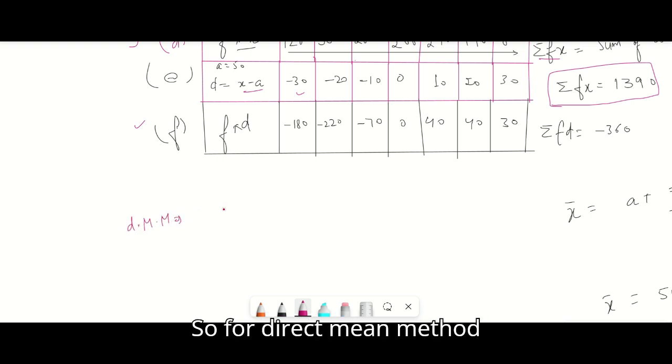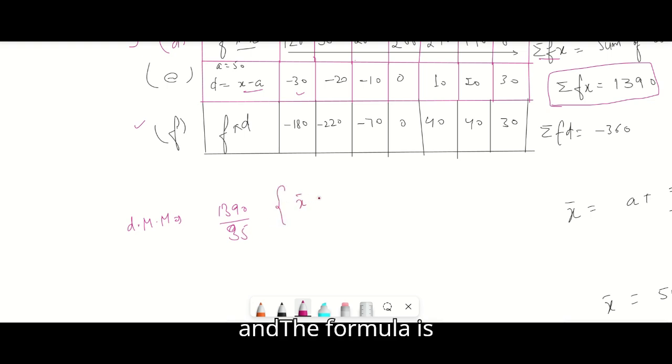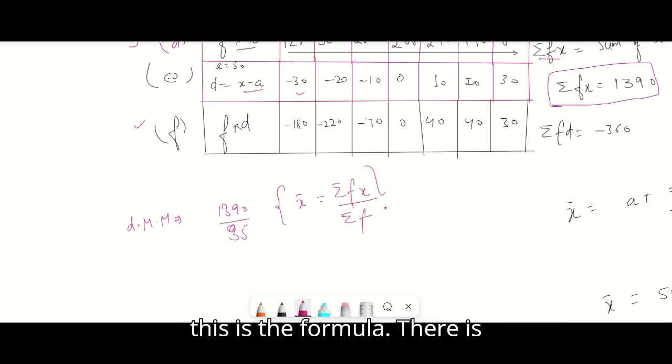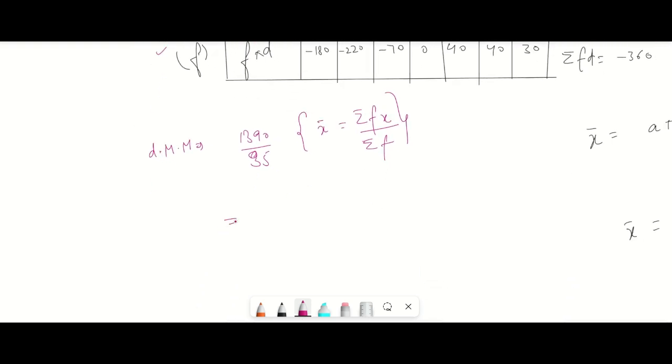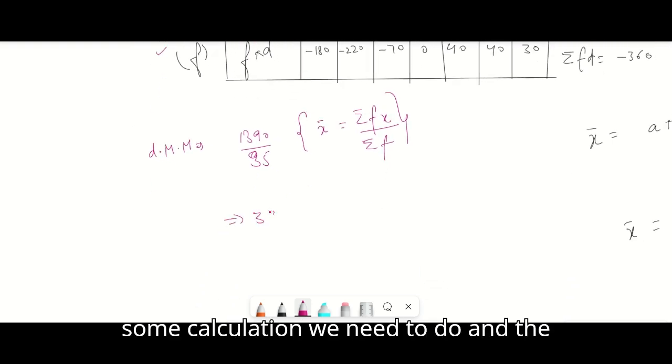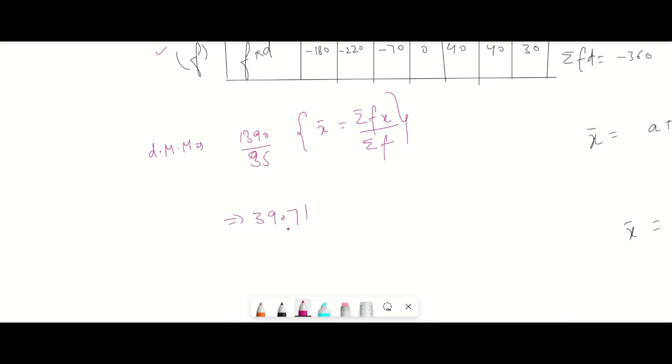So for the direct mean method, 1390 over 35, and the formula is x bar is equal to sigma fx over sigma f. The answer is 39.71.